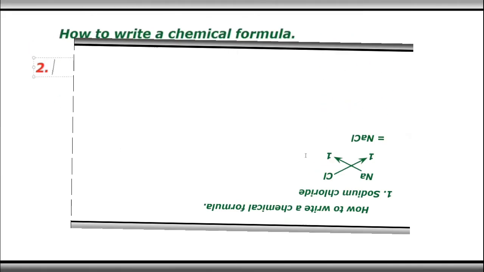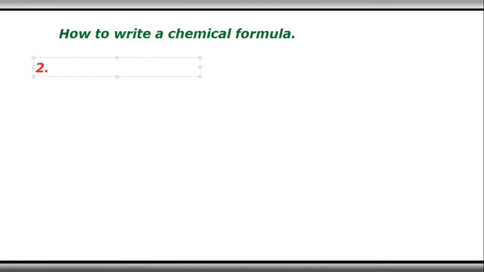Let us see one more, water. Now we know that the constituent elements of water are hydrogen, whose symbol is H, and oxygen, whose symbol is O. We know their valencies also. For hydrogen, the valency is 1, and for oxygen, the valency is 2. Now by following the crisscrossing method, for hydrogen we have to take 2, as shown by the arrow here.